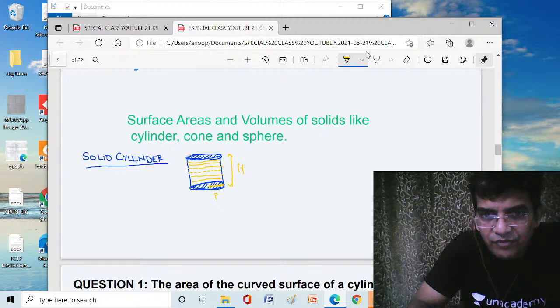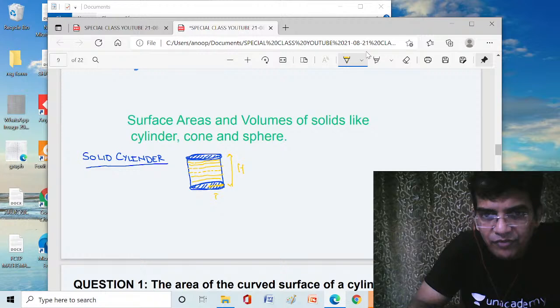So overall, the cylinder has two dimensions, height and radius, and we have formulas based on these two dimensions.